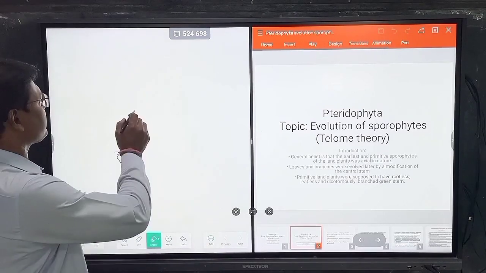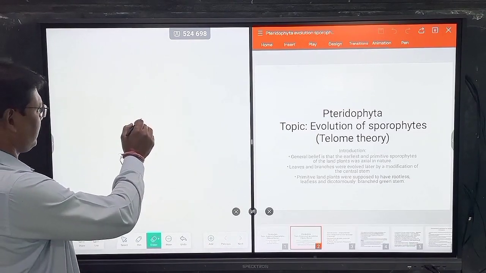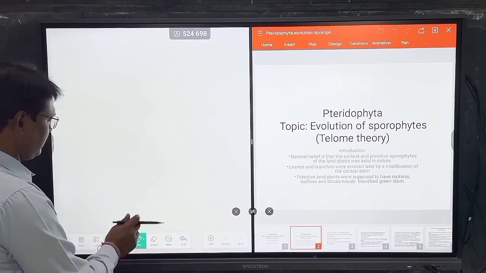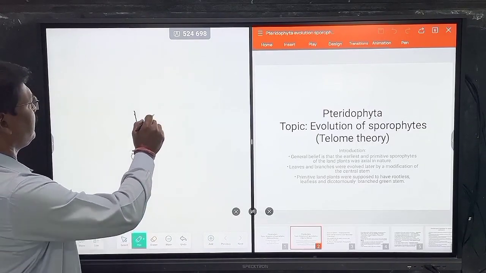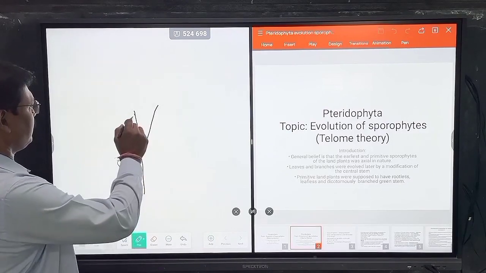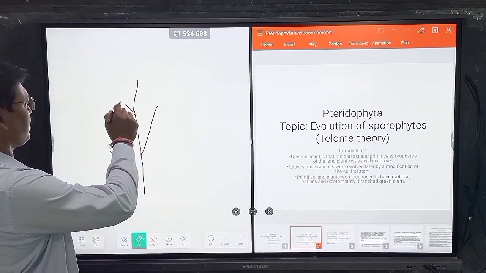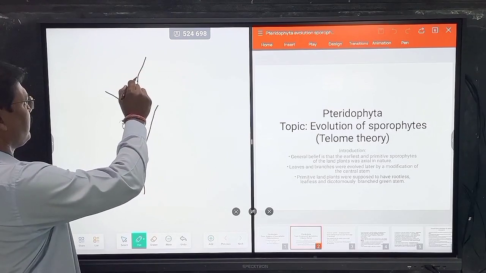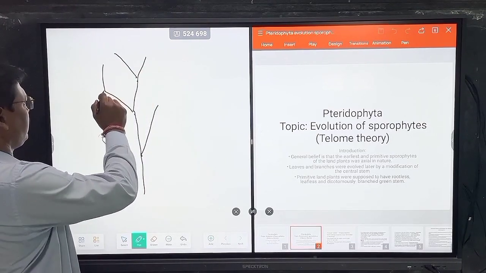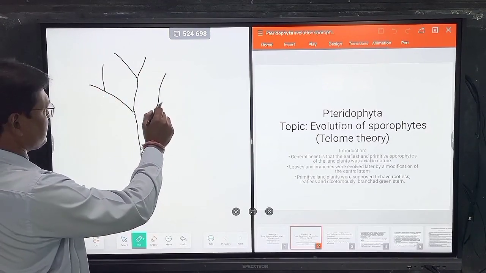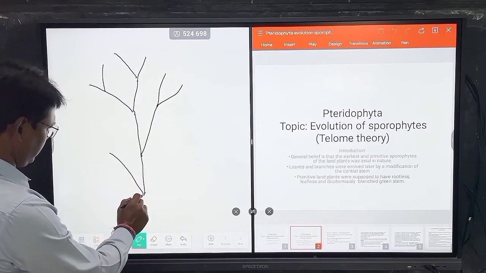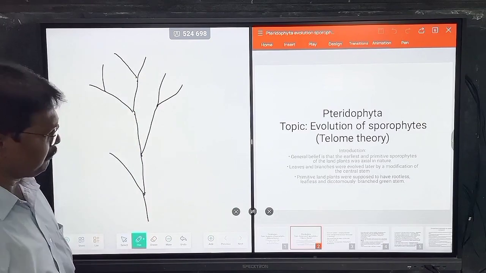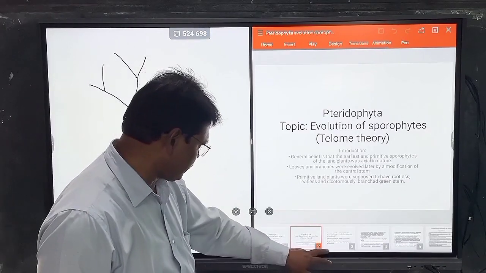So dichotomous branching is like this. These are dichotomous branching systems in green plants.